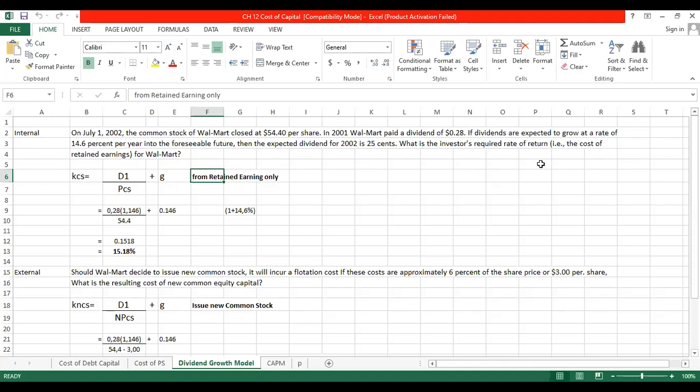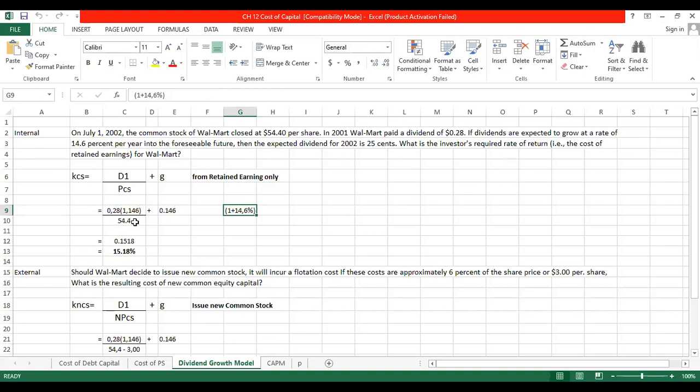So what is the investor's required rate of return? So the cost here, this one, is from the retained earnings. If you calculate from the retained earnings, then this is 0.28, the dividend, and you multiply by 1 plus 14.6%, so it will be 1.146.